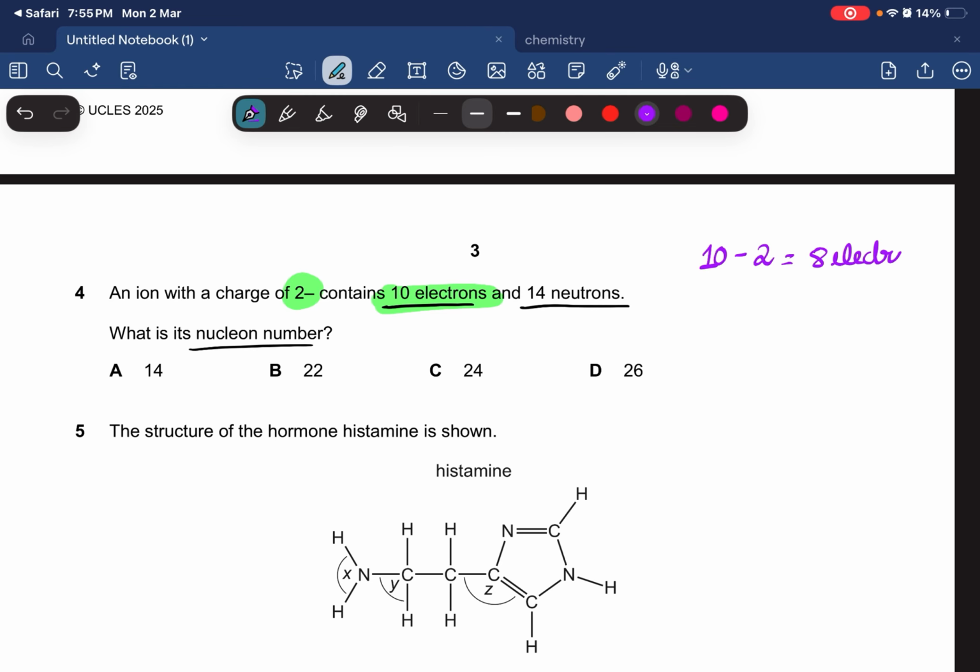So initially it had 8 electrons, a neutral atom. If it had 8 electrons, it would have 8 protons as well. And if it has 8 protons, 8 protons plus 14 neutrons is going to give me the nucleon number. So 8 plus 14, that gives me 22 nucleons.